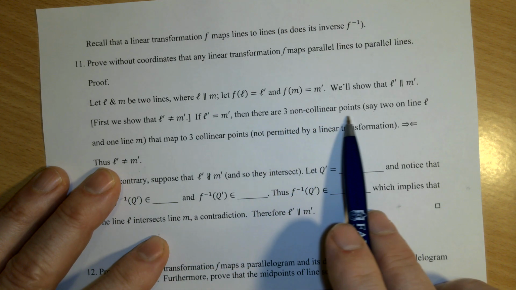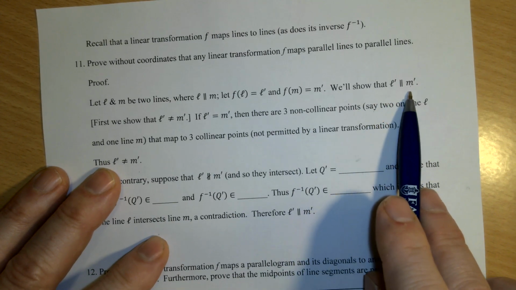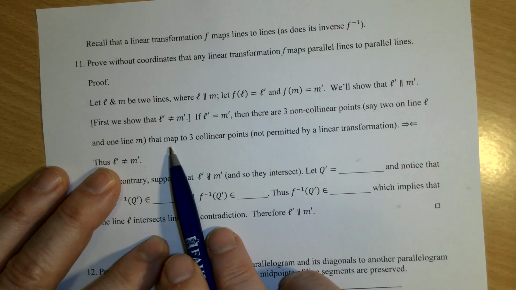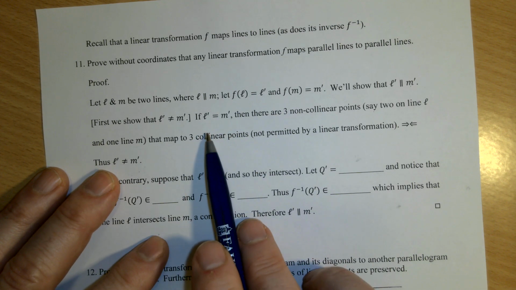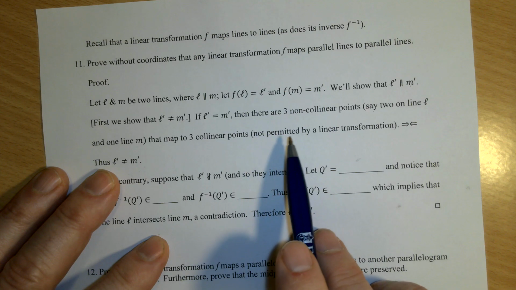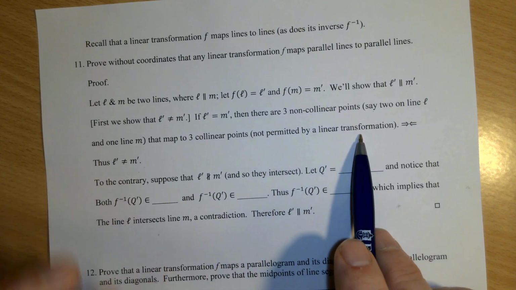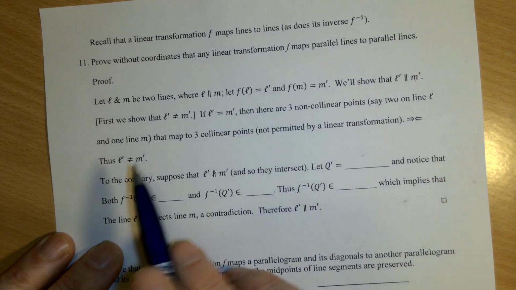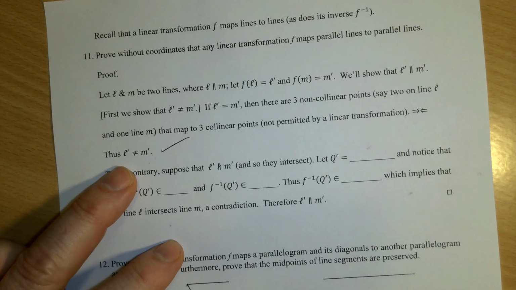So we take three non-collinear points. They map to the same line, since L prime and M prime are the same. That means they're mapping to collinear points. So three non-collinear points cannot map to three collinear points. Now that's not permitted by a linear transformation. That's a contradiction. Therefore, we've shown that L prime and M prime are not the same line.